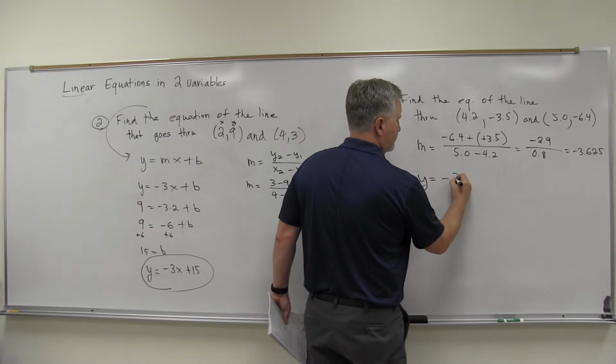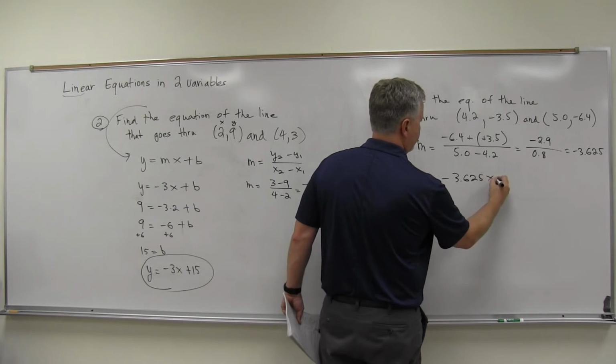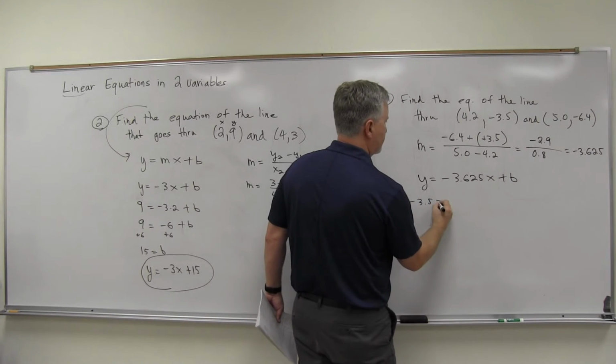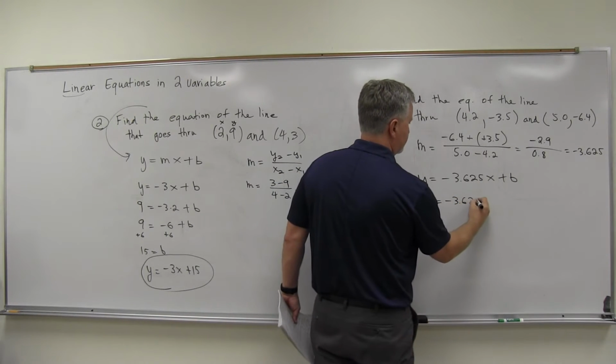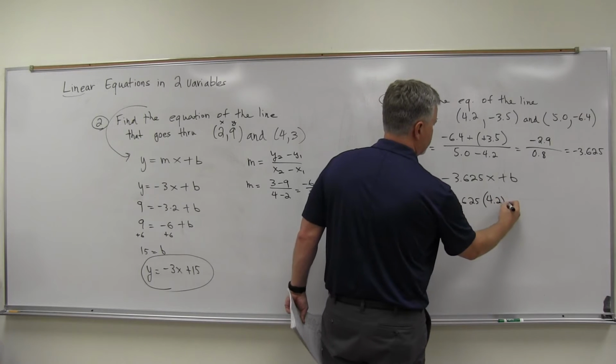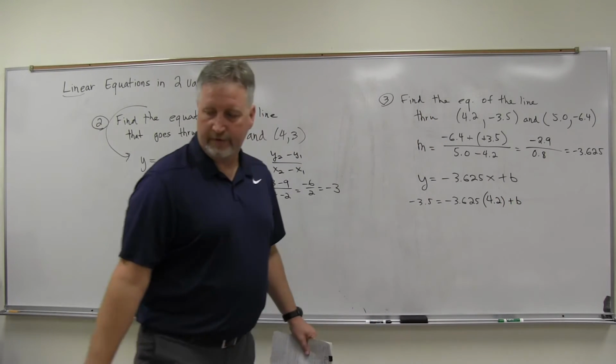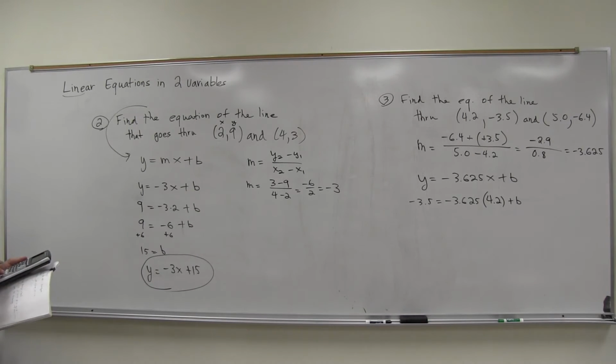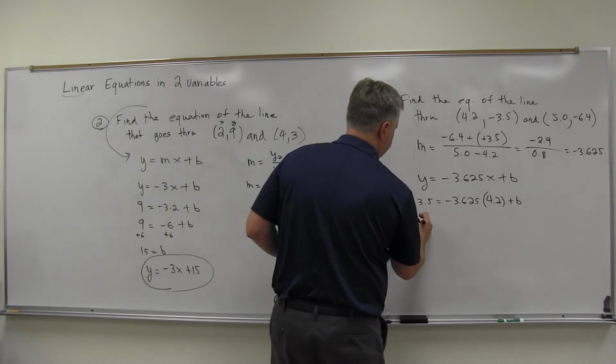So it's y equals negative 3.625 x plus b, and then just plug in our x and our y, and go from there. All right. 15.25.